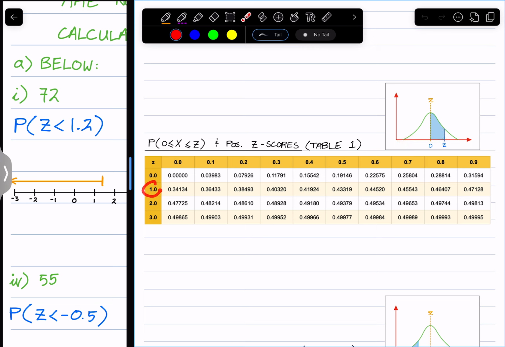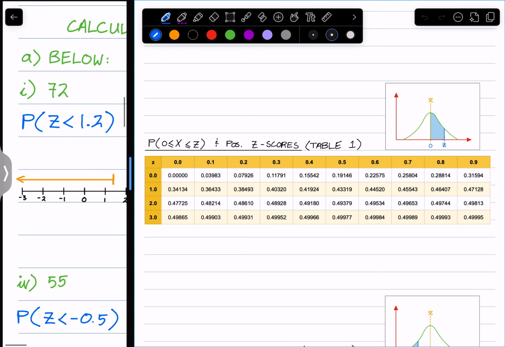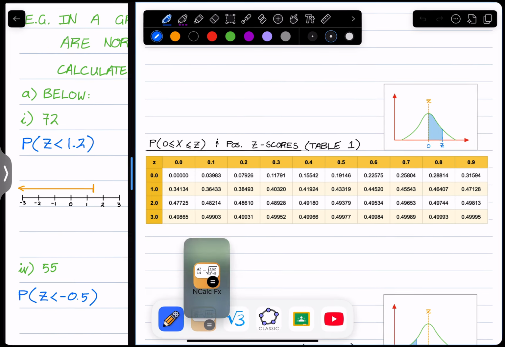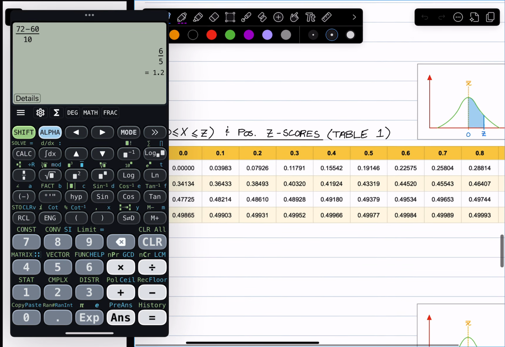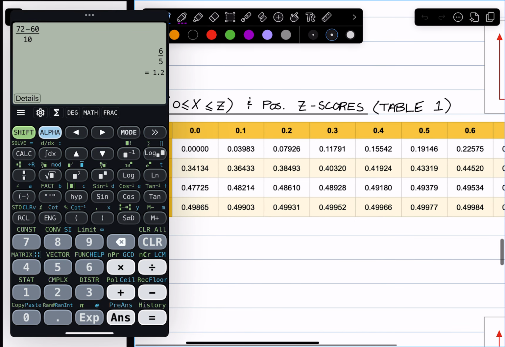So this 1.2 is only this component. But since we want everything from the Z score below, we actually have to now add on 50% to this. So what we find in this table, table 1, for 1.2, is 38%.